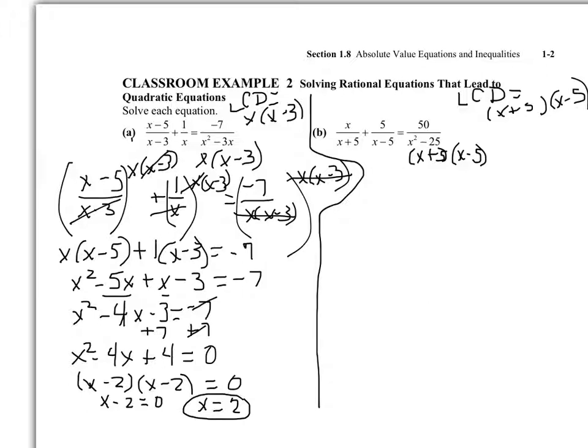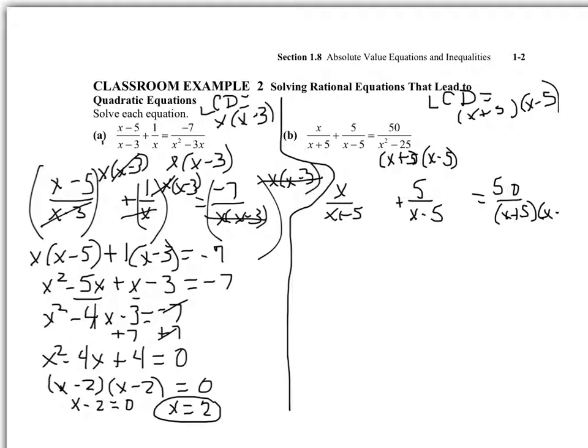Now that I have the LCD, I am ready to go through and do a little cleanup. So I'm going to give myself a little space here, and I need to multiply every single term by this LCD that we just found. Remember, leave your denominator in factored form. I ran out of a little bit of room there. Let me see if I scoot over.